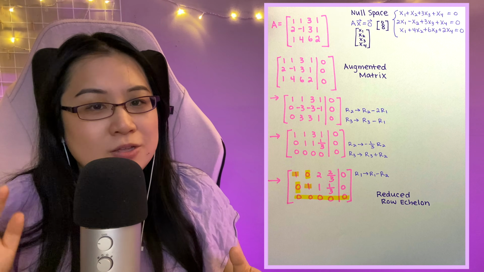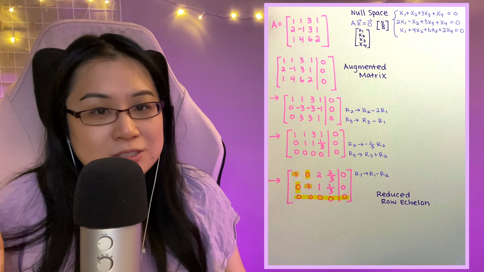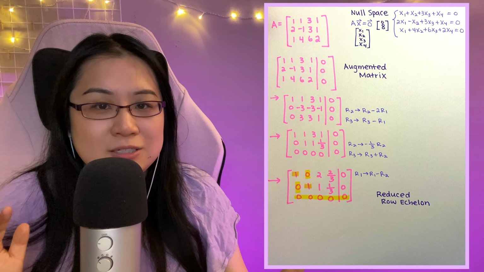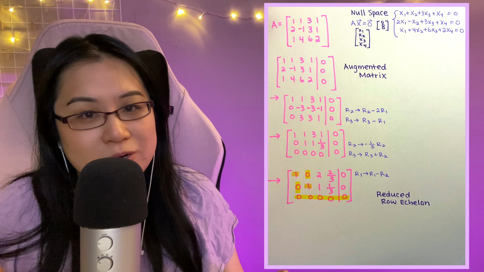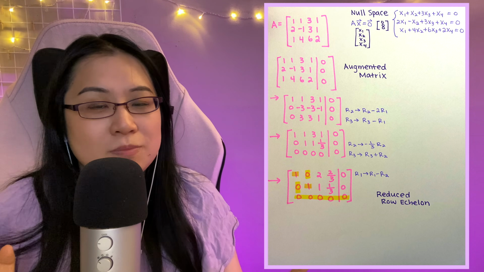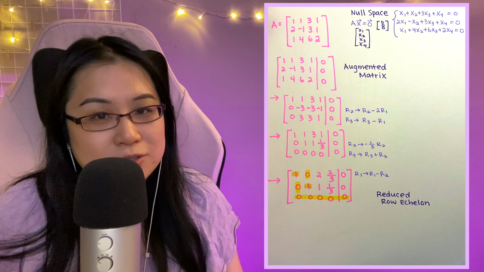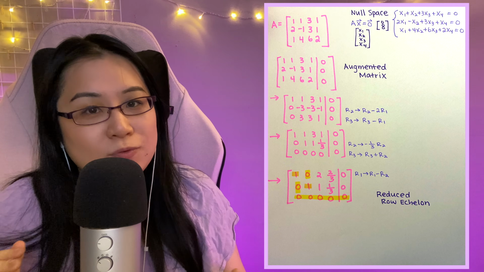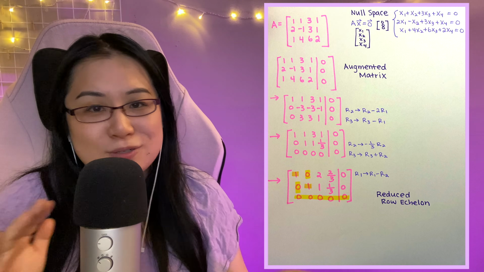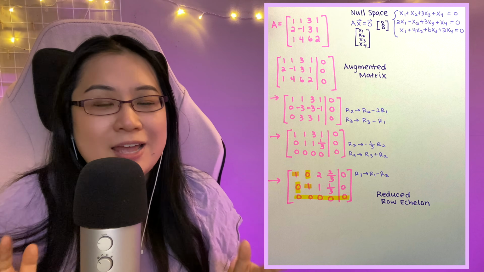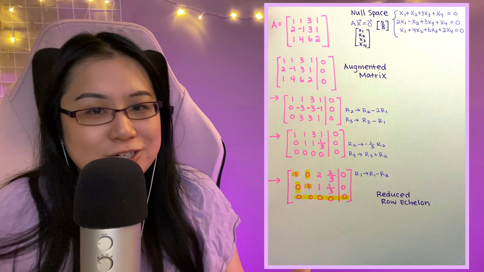There might be some free variables that we can choose whatever we want. For instance, x4 might be open, so we can let that be whatever value. But x1 might have to equal 3x4 in our general solution. So whatever we choose for x4, x1 has to be 3 times that number. So there might be some relationships and patterns there, and that's what we're after here, okay? So that's the general idea here.